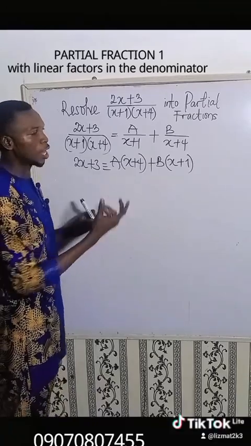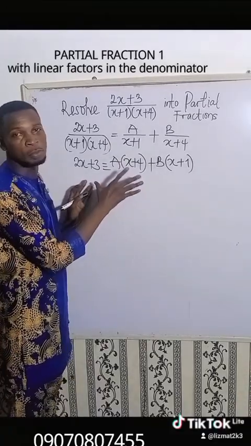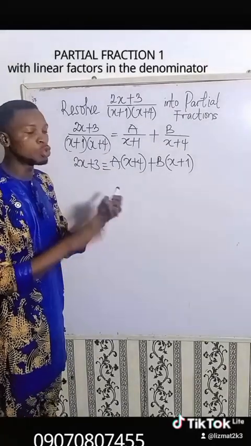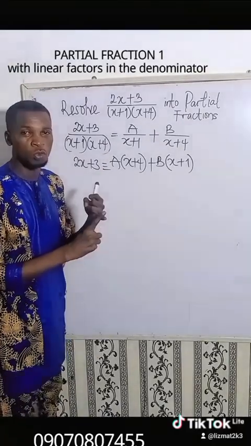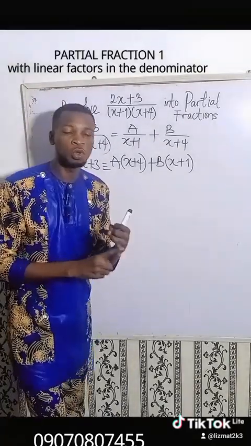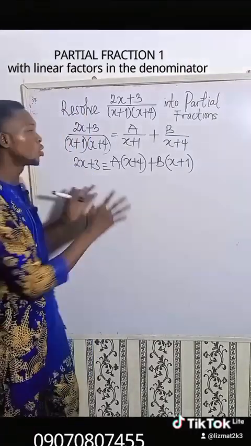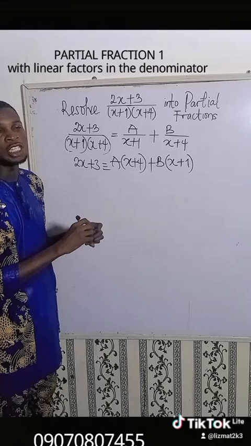There are 2 ways that you can solve this problem. When you want to solve a problem on partial fractions, you can use the cover-up method, or you can use the comparing coefficients method. But I'll be using the cover-up method in this case.